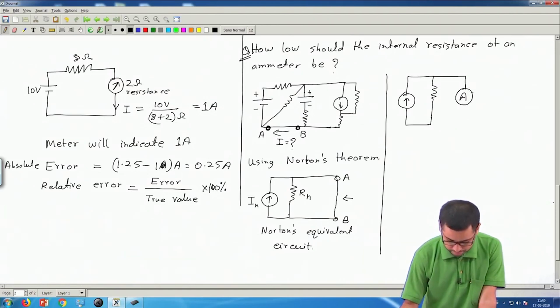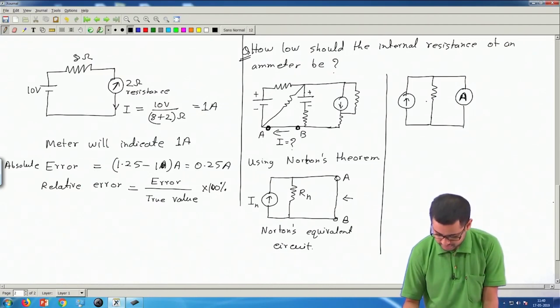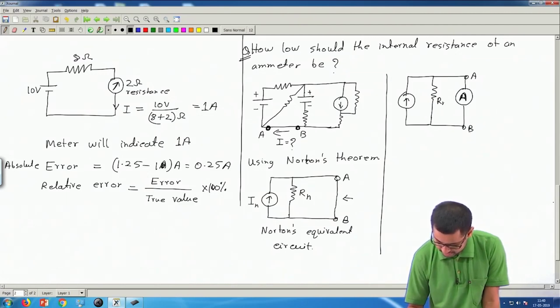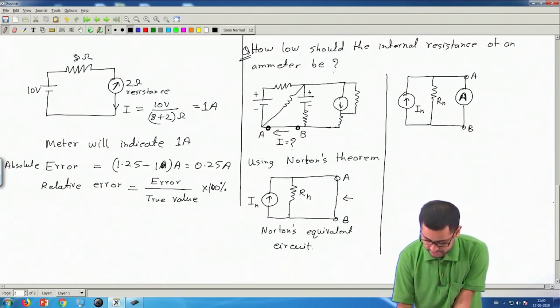Okay. So, this is the symbol of an ammeter. Okay. And this is terminal A, terminal B, this is R n, this is I n. Now, the question is, what will be the reading of this ammeter?